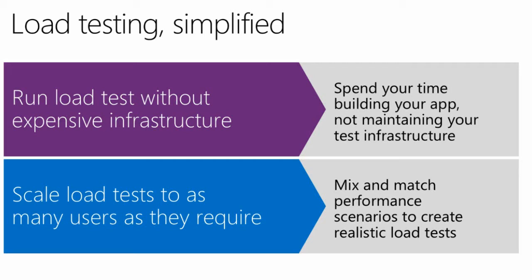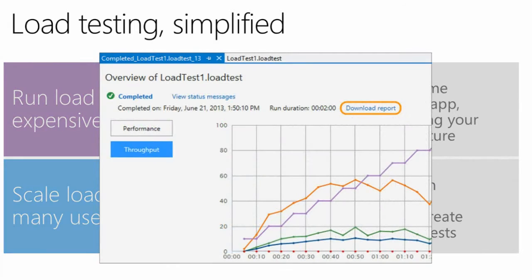Also, we have our cloud load testing service. So it's super simple to get scale testing done now. You don't have to worry about infrastructure that may not even be used except every once in a while. You can just basically give us your load test using Visual Studio Ultimate.